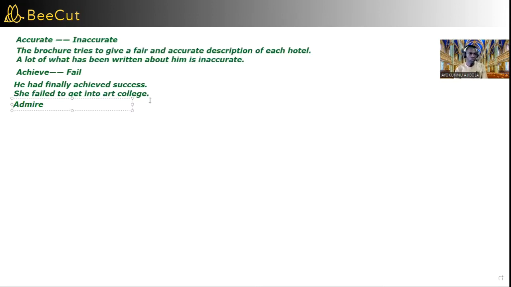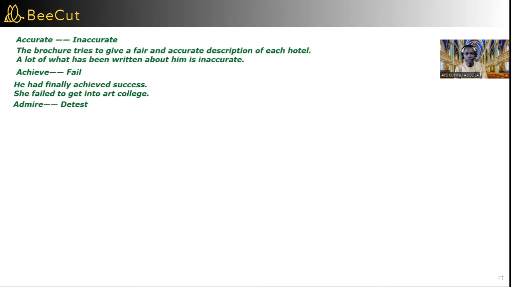Okay, I think she's no longer there. So the opposite of the word admire is detest. So if you are there, let me know. Then I'm going to talk about using it in a sentence.